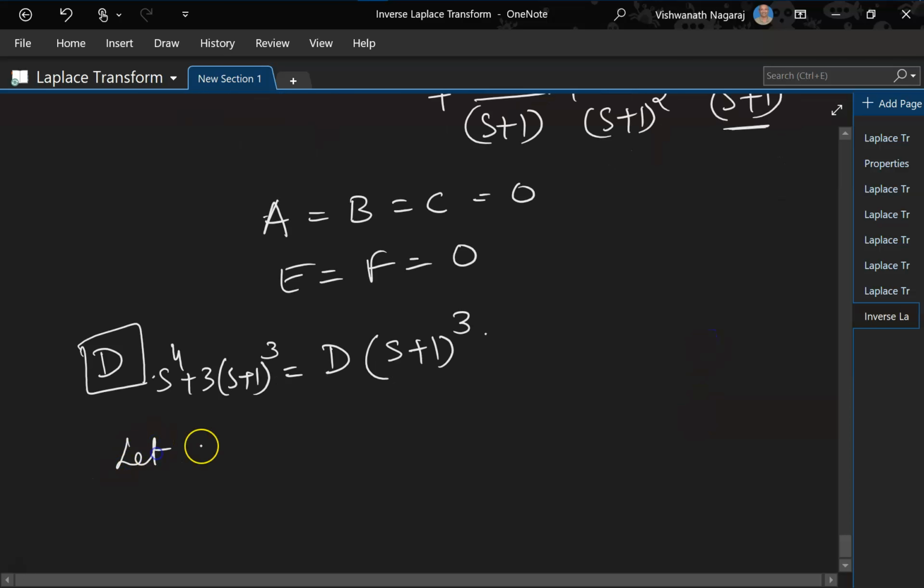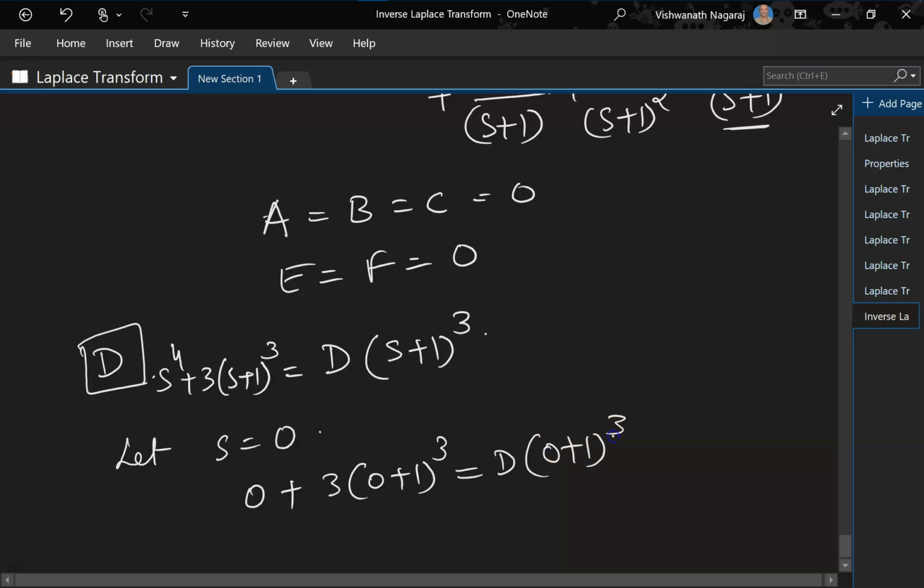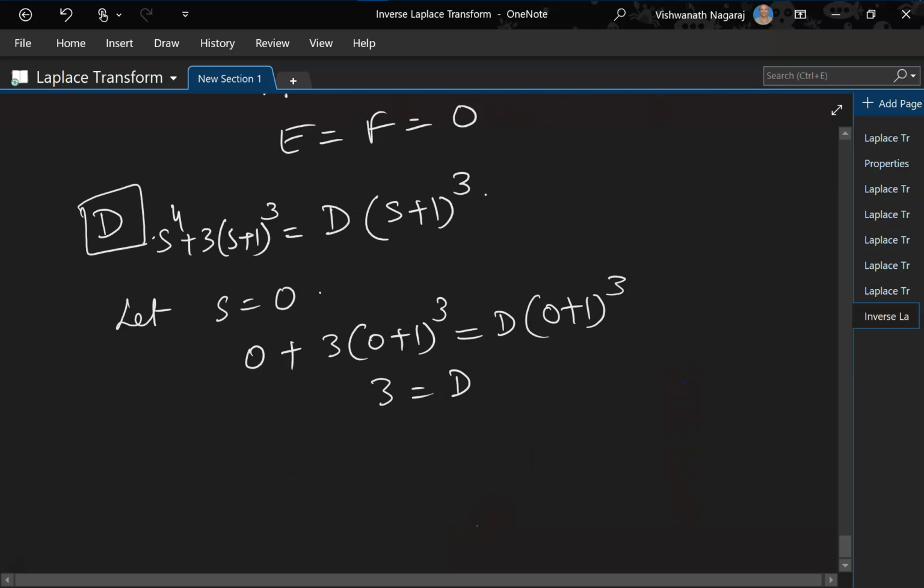So let s equal to 0. So which means (0 + 0 + 1) cube is equal to d times (0 + 1) cube, which means 3 is equal to d. So d becomes 3.